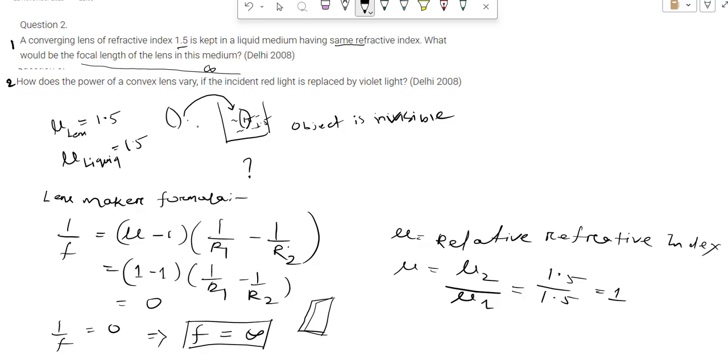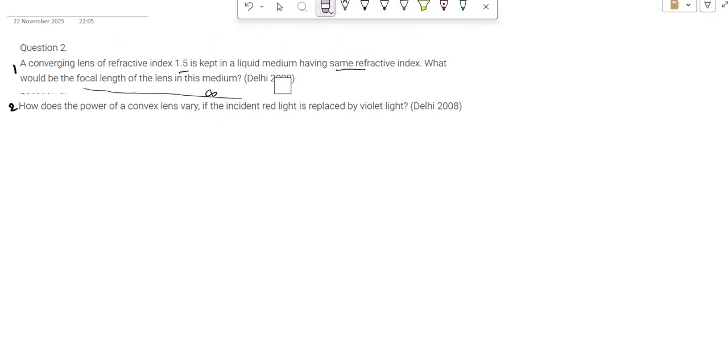So let's go to the second question now. How does the power of a convex lens vary if the incident red light is replaced by violet light? So the question is, what will be the power?